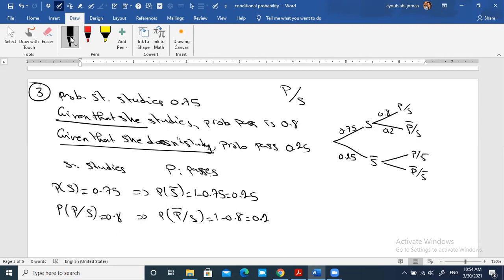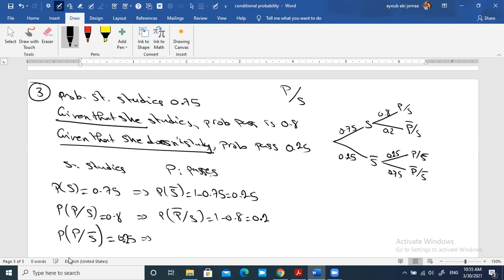طيب the second one, the probability that she doesn't study, يعني given that S bar, the probability that she passes, P given that S bar, is equal to 0.25. إذن هاي 0.25 انه ما درست وتنجح. طبيعي انه احتمال انه ما تنجح given that she doesn't study هي 0.75.